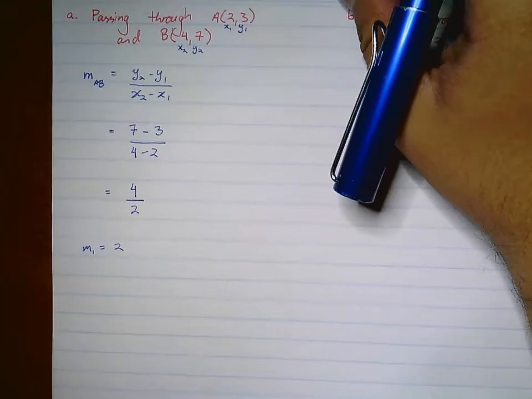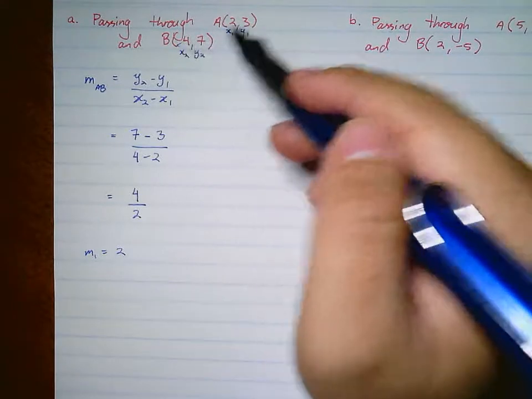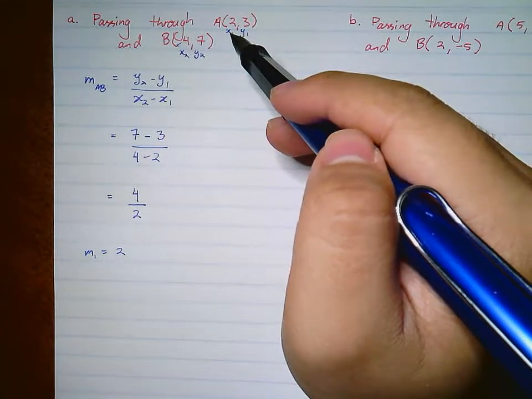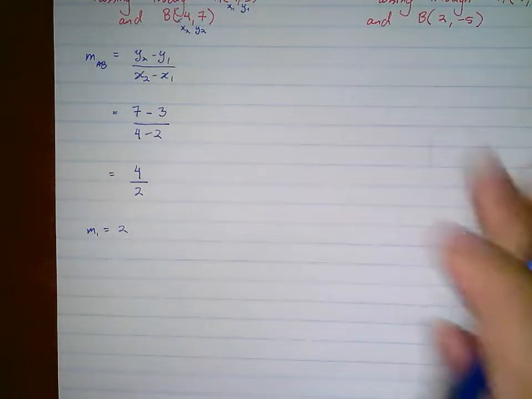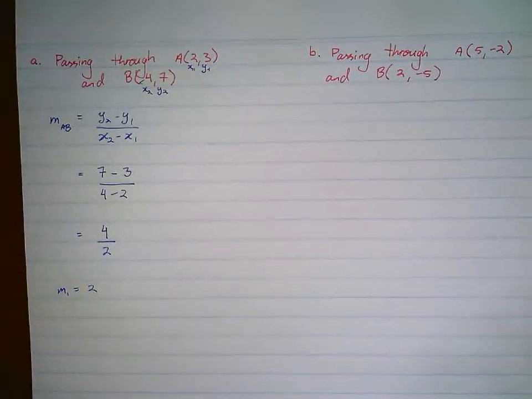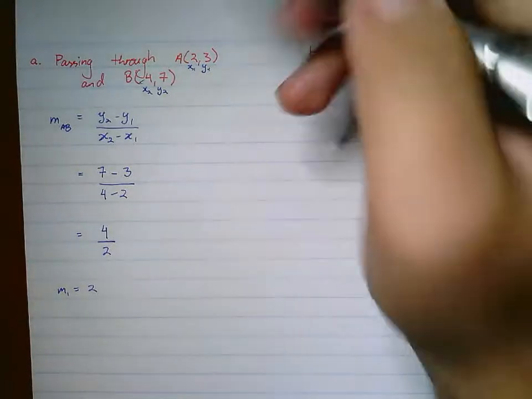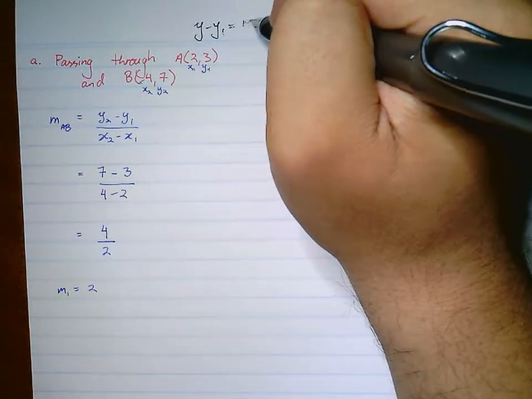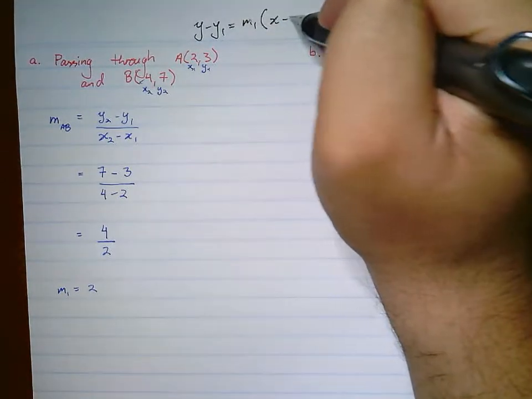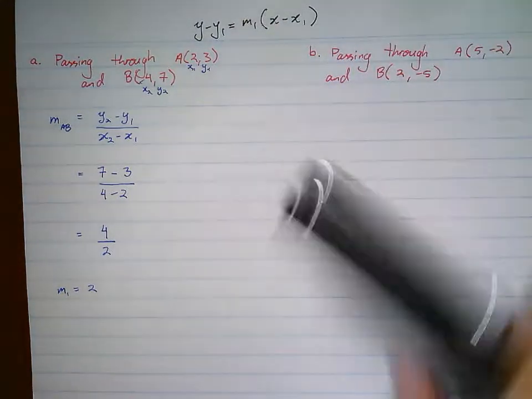So now, picking one of the points, can't pick both, I'm going to pick x1 and y1 because it's already labeled. Once again, using our formula, I'll write it up here at the top so we don't forget. It's y minus y1 equals m1 x minus x1.